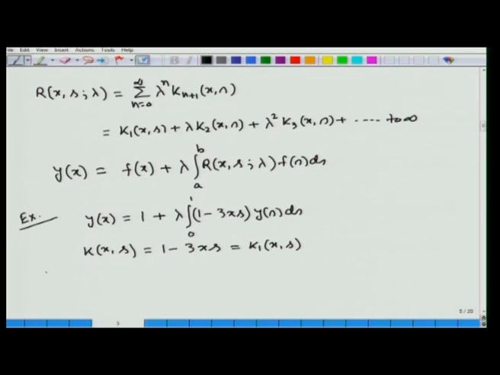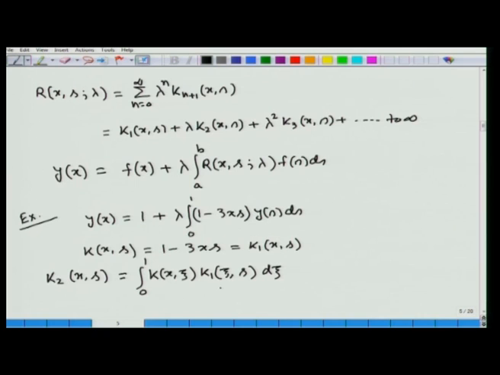Next we have to calculate this k2(x,s). By definition, this is the integral from 0 to 1 of k(x,ξ) multiplied with k1(ξ,s) dξ.